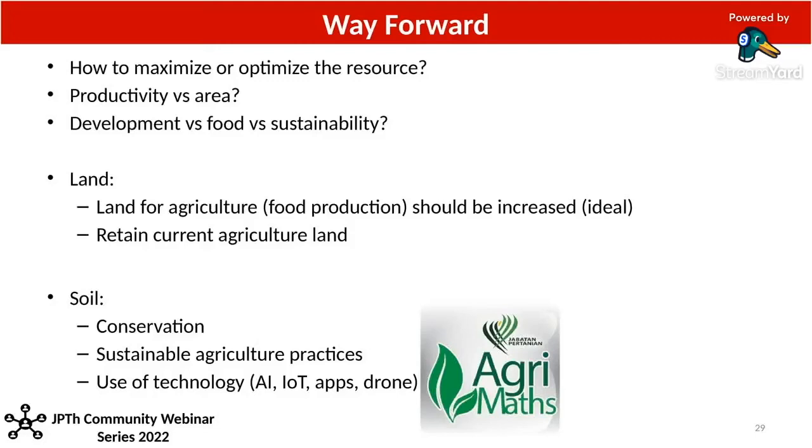So second, if we go for area, we need to consider the area. In Malaysia, we have a limited amount of land for agriculture. If we want to increase the yield, we need to open new agriculture land area.